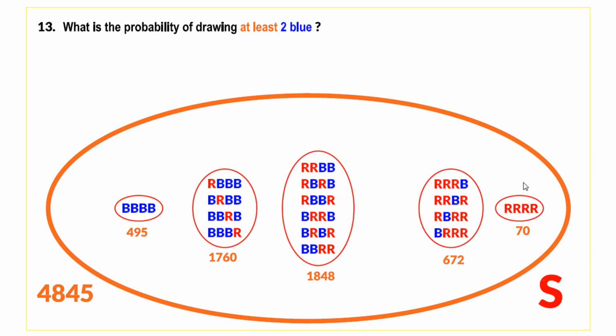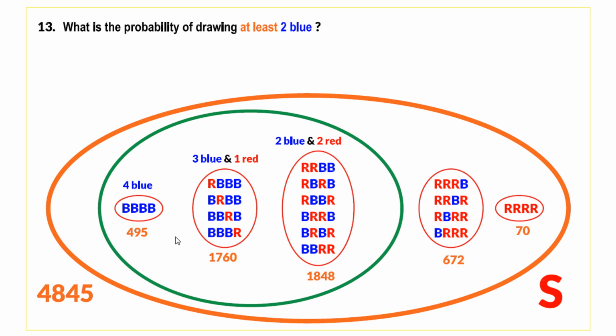Question 13. What is the probability of drawing at least 2 blue balls? So here we have the sample space, and at least means either 2 blue or more. So we may pick 2 blue and 2 red, 3 blue and 1 red, or 4 blue and no red. So these are disjoint events, and their union creates the event we are looking for, which is picking at least 2 blue balls.